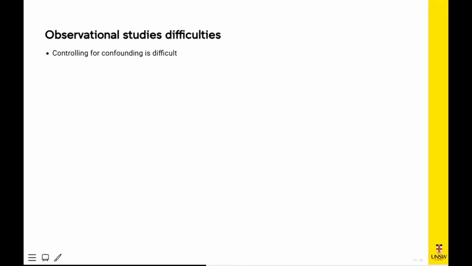Okay, so some general difficulties when you are running these types of studies, these observational studies. Confounding, obviously, is the number one thing that you need to think about, and controlling for confounding is really hard. It's just really difficult. There are lots of things to think about, lots of different relationships to take account of in your planning of your statistical model.